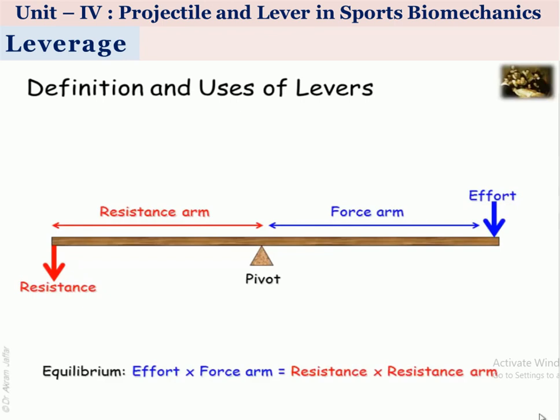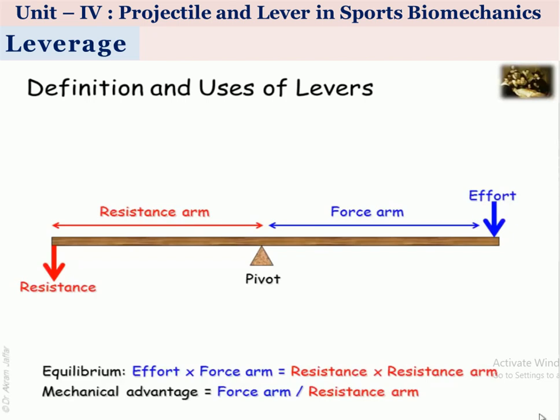The mechanical advantage the machine provides is determined by dividing the force arm distance by the resistance arm distance. That's to say, the mechanical advantage of a lever depends on where the forces are located. Regarding the uses of levers, there are three main uses.